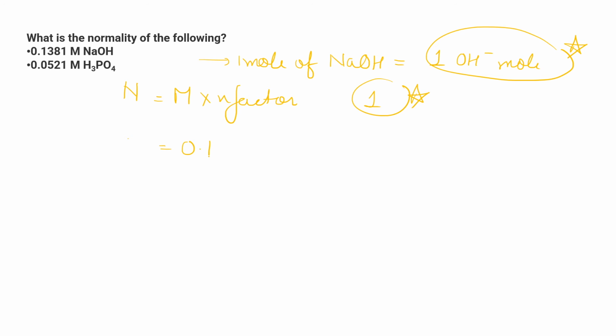Molarity is 0.1381. N factor, for 1 mole of NaOH, how many OH minus are released? Since it is 1, the value is 1. Normality will come out to be 0.1381 normal. It is similar to molarity since the N factor value is equal to 1.